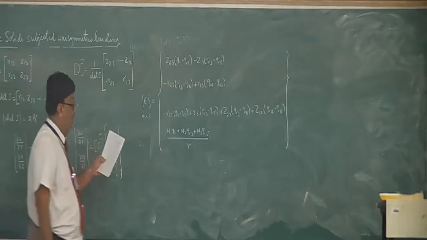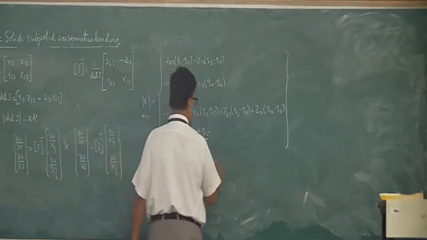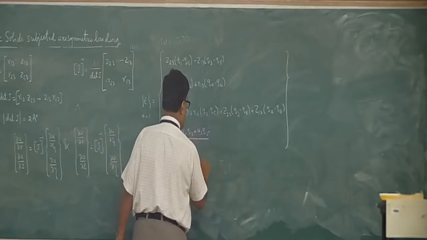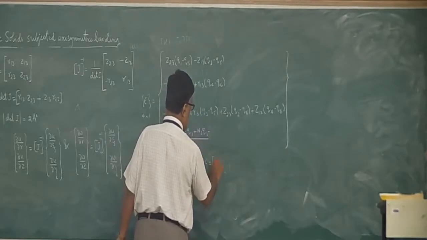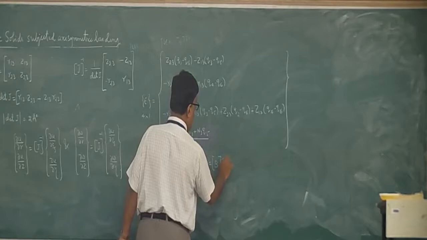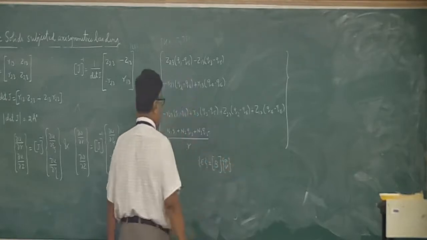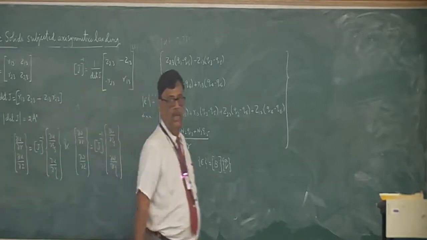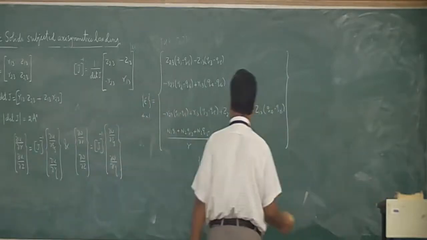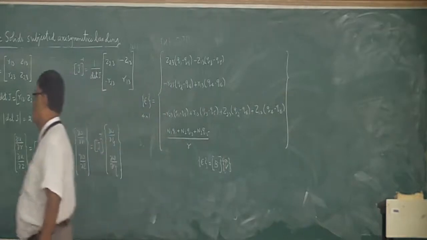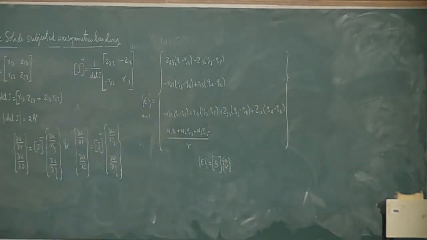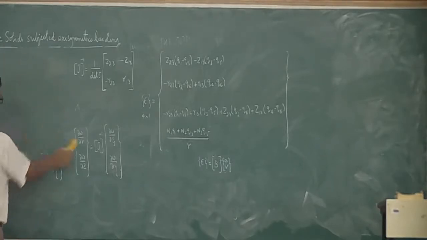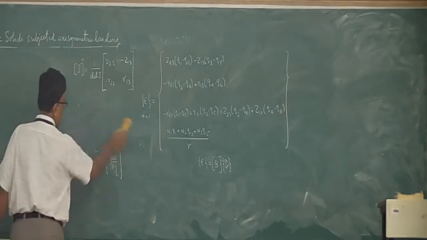When you write all this in the form of epsilon equal to B into Q matrix, then B is nothing but the strain displacement matrix. I have already shown you the relation between epsilon, the B matrix and the Q matrix right from one dimensional, two dimensional, everywhere. That is what we have seen.